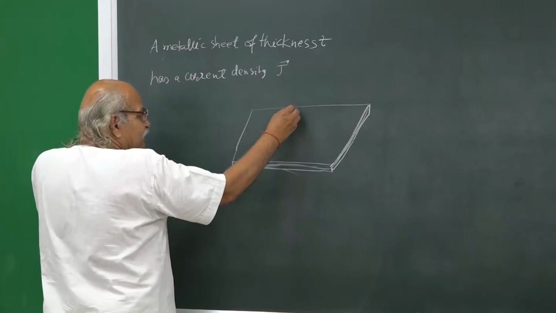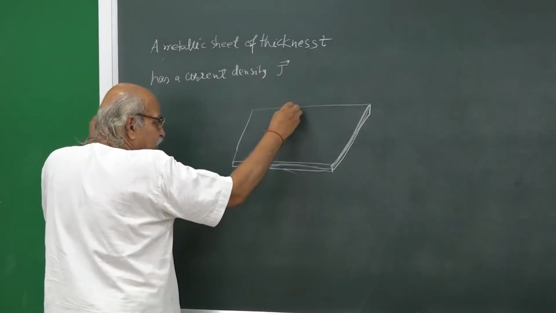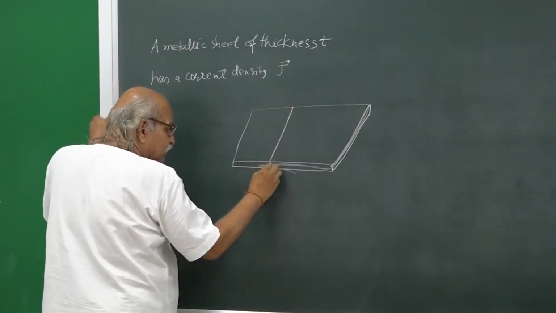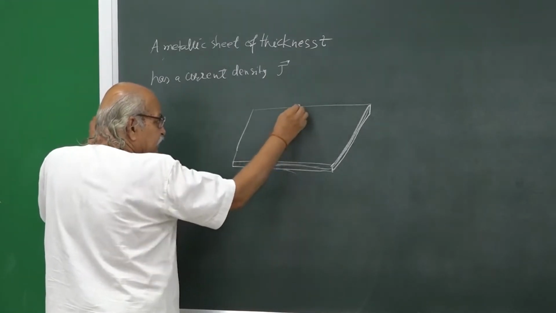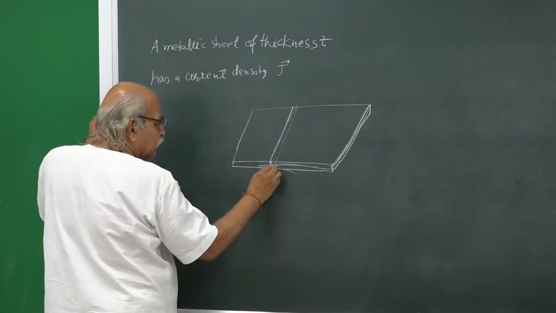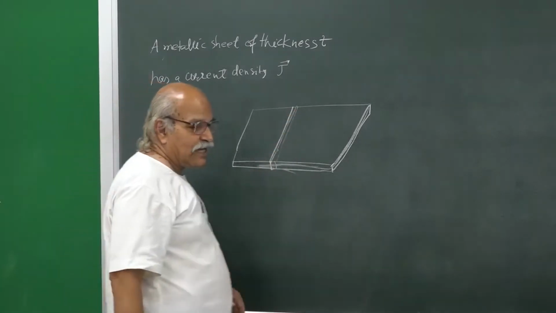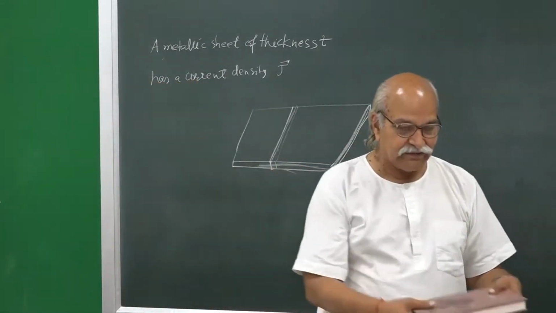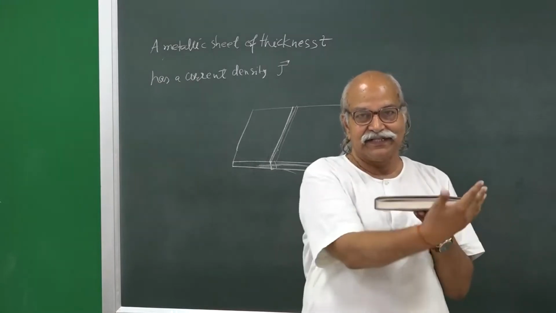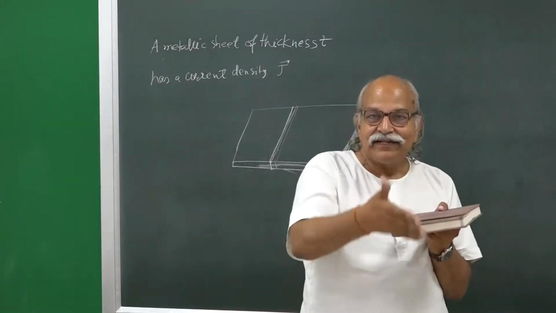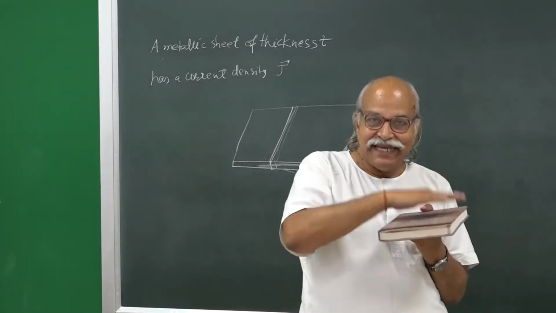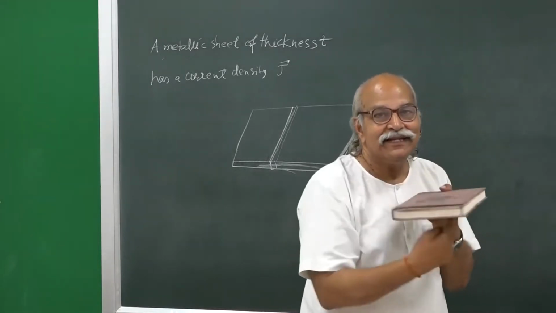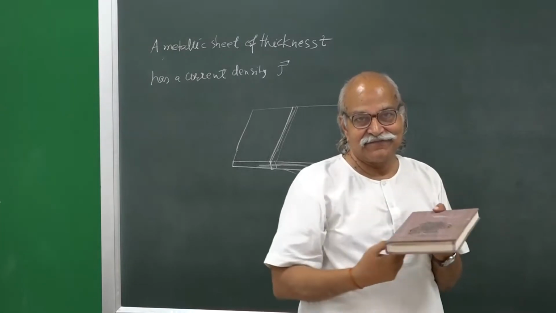So, if I take let us say a cross section somewhere here, a cross section like this, this is the thickness and then I do not know how to draw. So, what I am doing, I am taking some cross section here. So, how much current is going from this side to that side? So, that will be J into that area of cross section that I have taken.